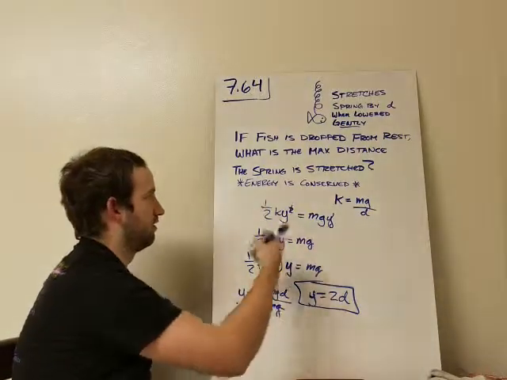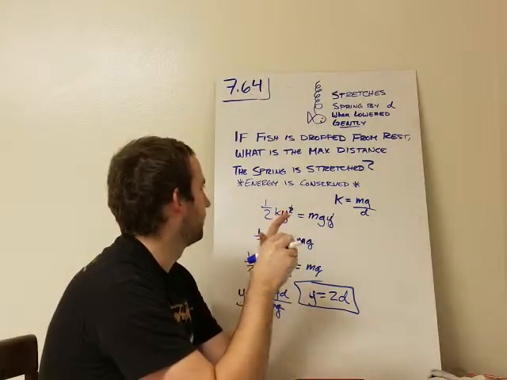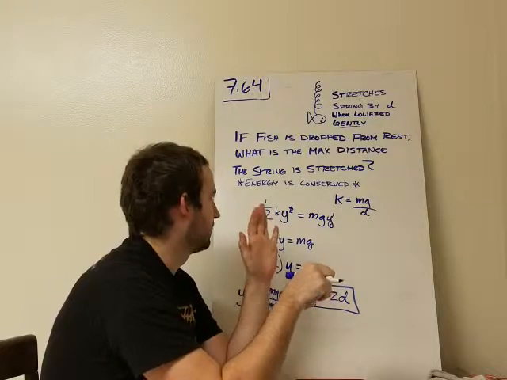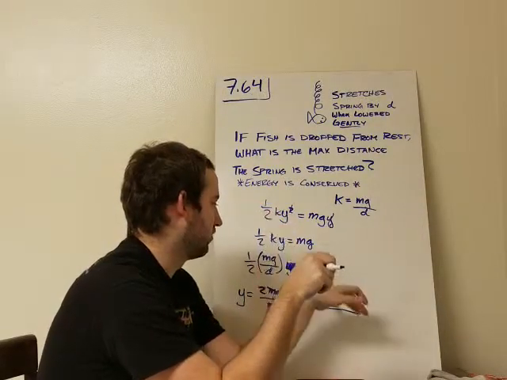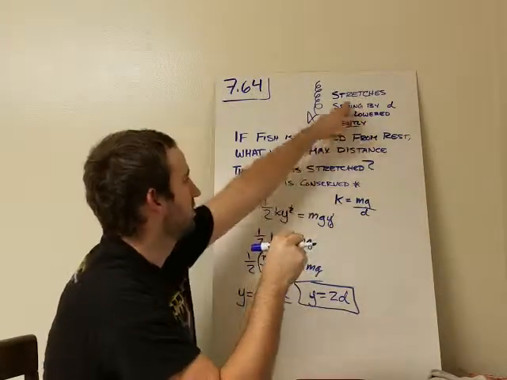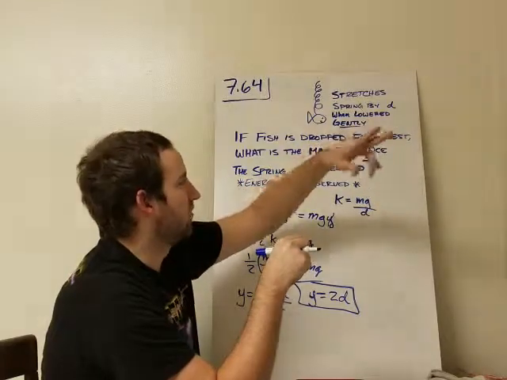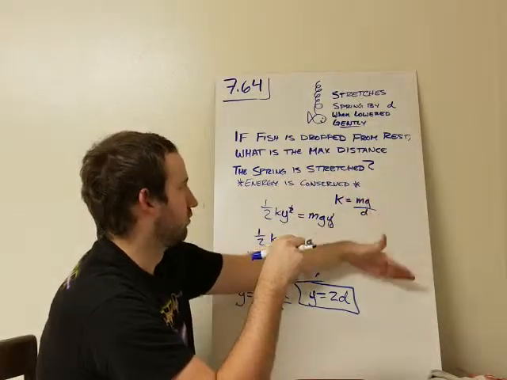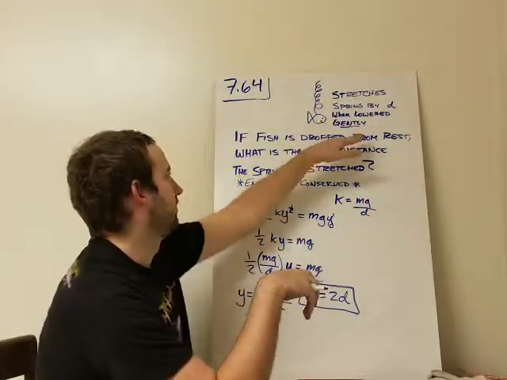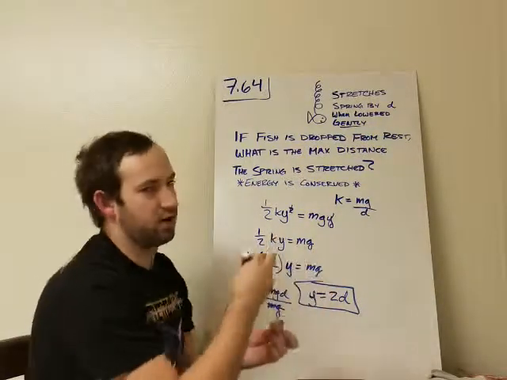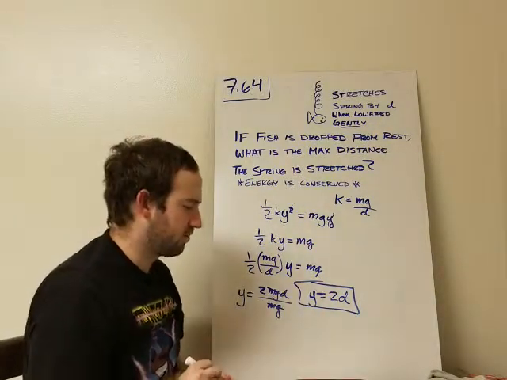So going back to the original question, if it's dropped from rest, the max distance the spring is stretched is going to be 2 times d. So if you drop it, it's going to go twice as low as if you just lowered it down gently. So anyway, kind of a weird problem.